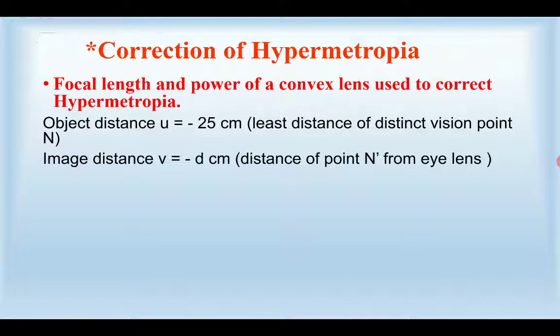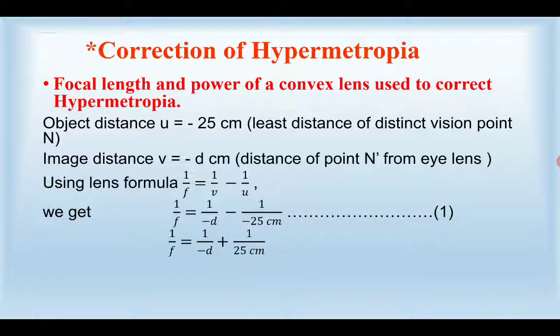Now applying the lens formula here, substituting the value of v and u, we are getting 1 upon f is equal to 1 upon minus d minus 1 upon minus 25.